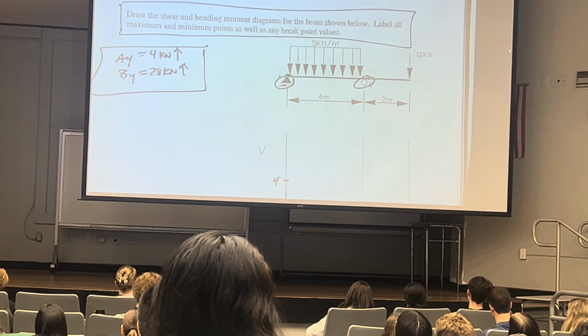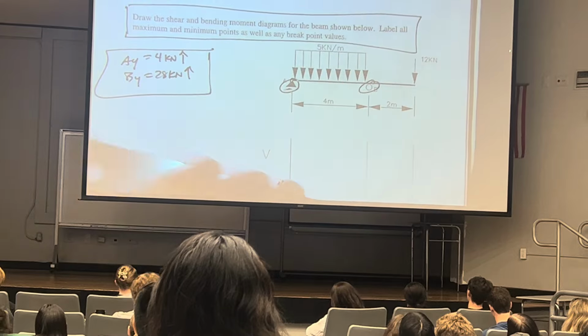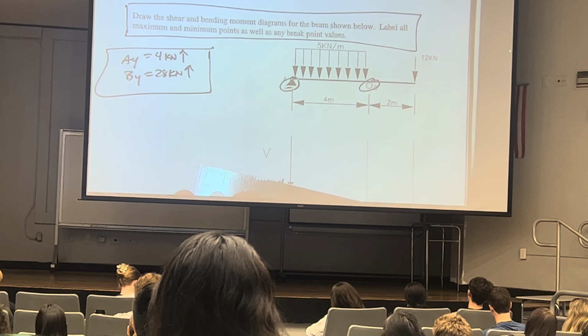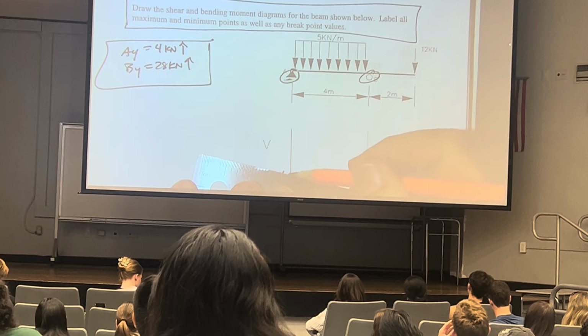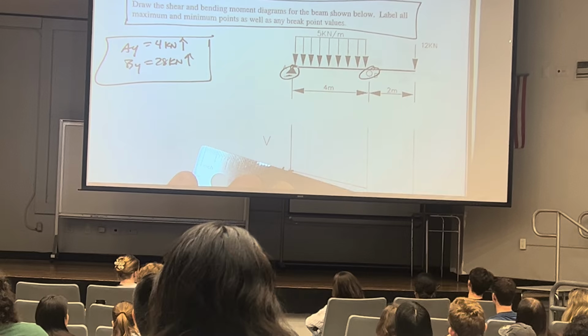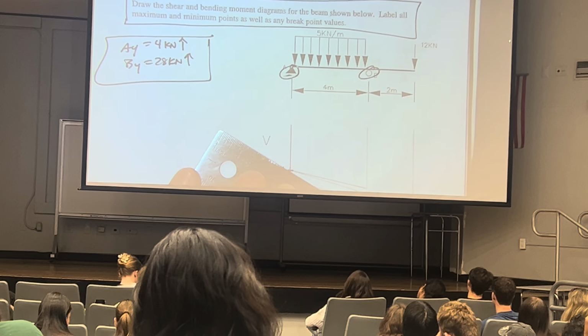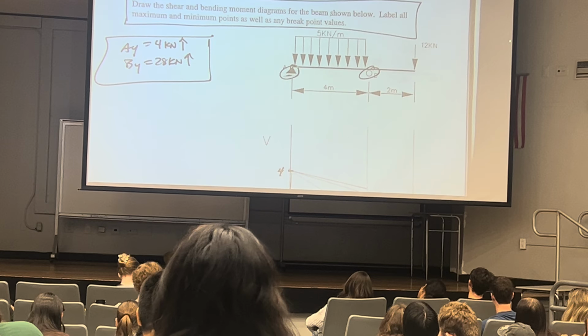Now, that line could be a line that goes from 4 to a positive number, could be a line that goes to 0, could be a line that goes to a negative value.